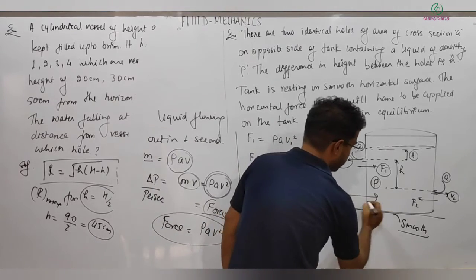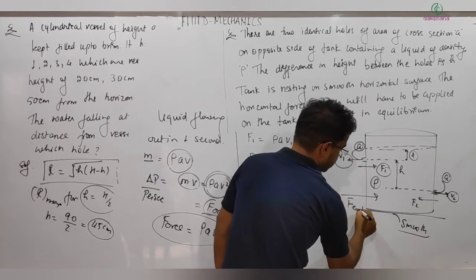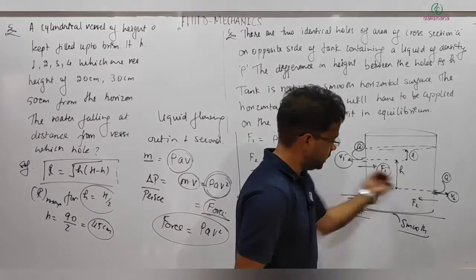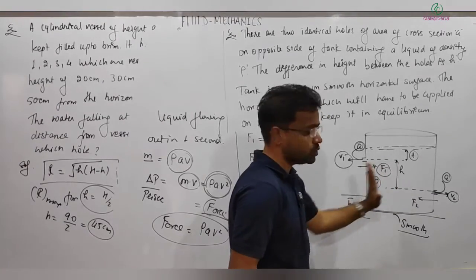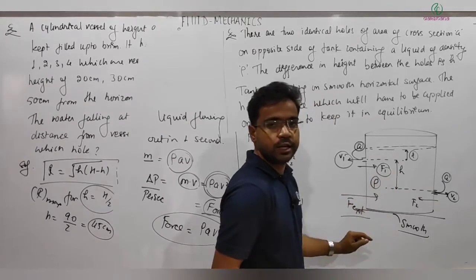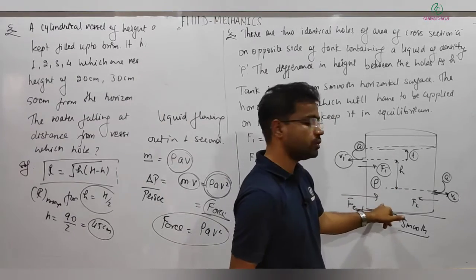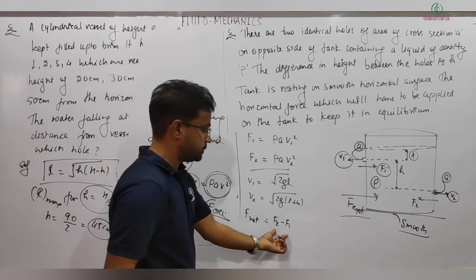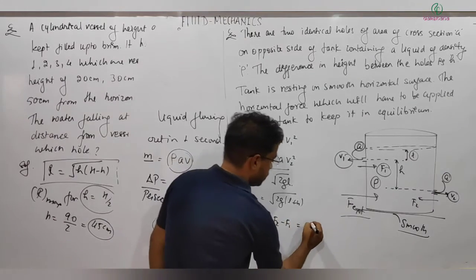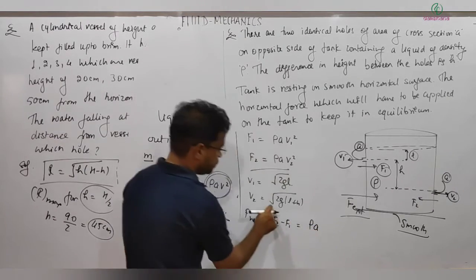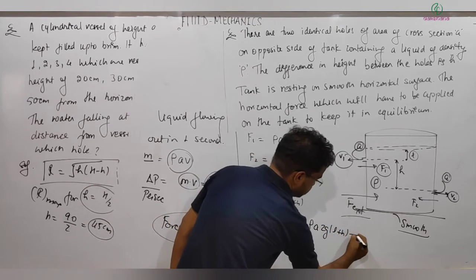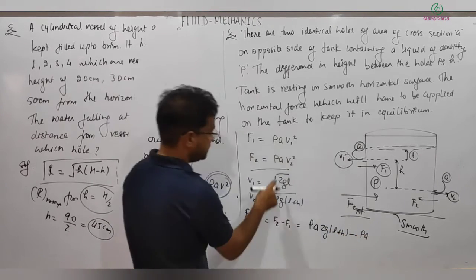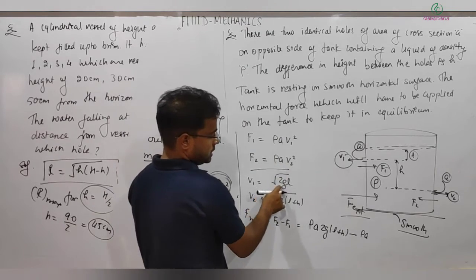So we need to apply a net external force in this direction, because on the tank the net force is coming in the backward direction. To keep it in equilibrium, we need to apply a counter force, that F external should be in this way, and that is equal to f2 minus f1. Just substitute the values. Rho a v2 square, v2 is this, so 2g(L plus h), minus rho a v1 square, which is 2gL.